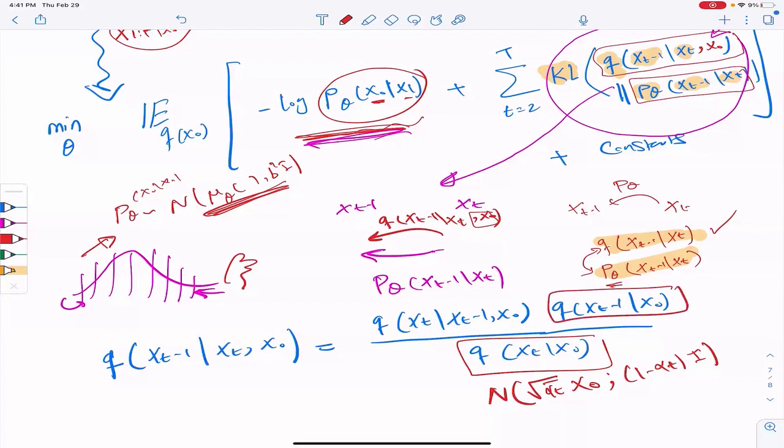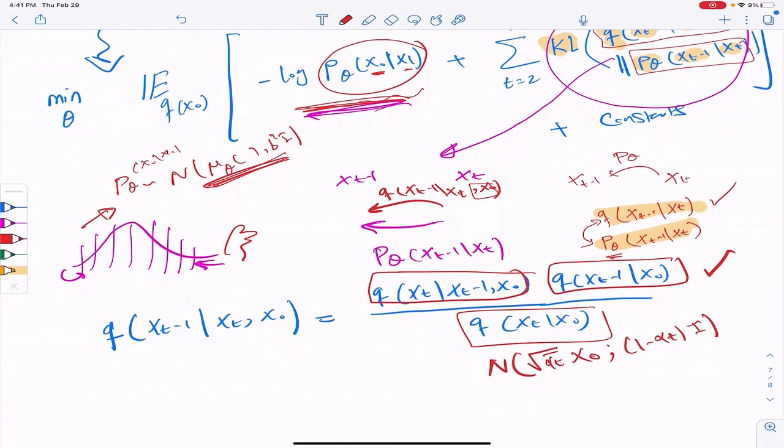So what is Q of xt minus 1 given x0? Again, another Gaussian distribution. I know exactly the density of it. So what about this guy? What is the distribution of xt given xt minus 1 and x0?